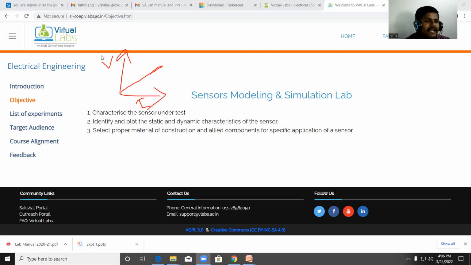Then identify and plot the static and dynamic characteristics of the sensor. So that is static characteristics and dynamic. What is meant by static and dynamic? What is the meaning of the word static? Constant.